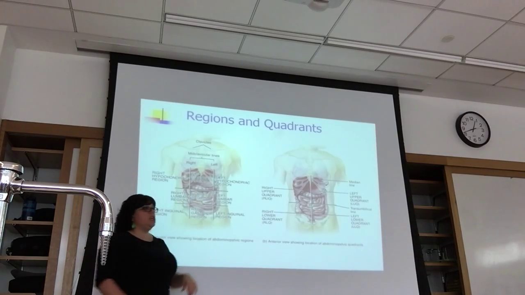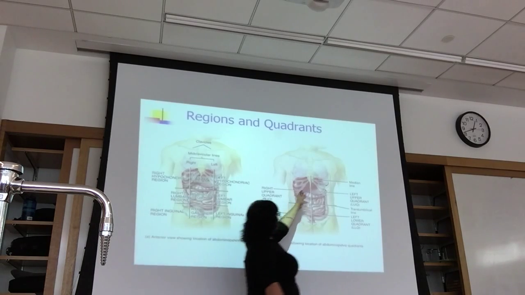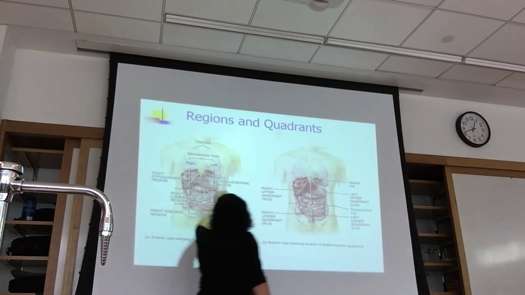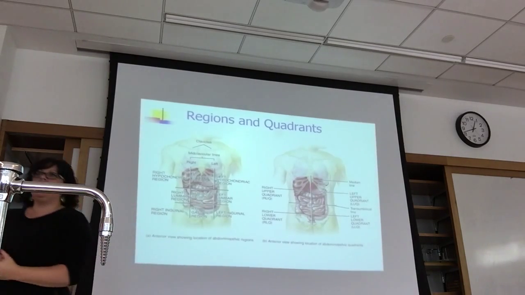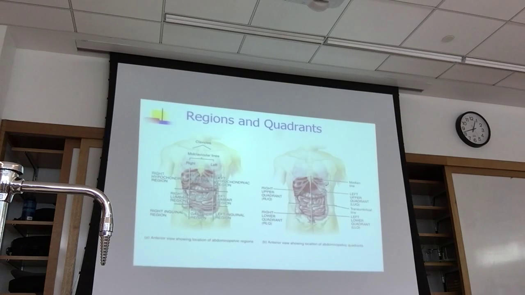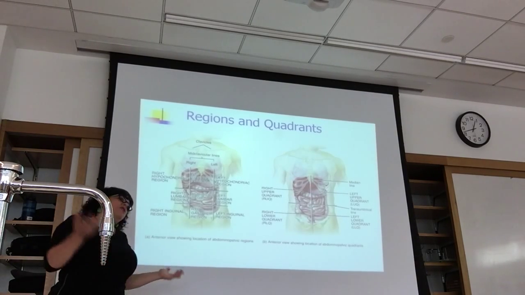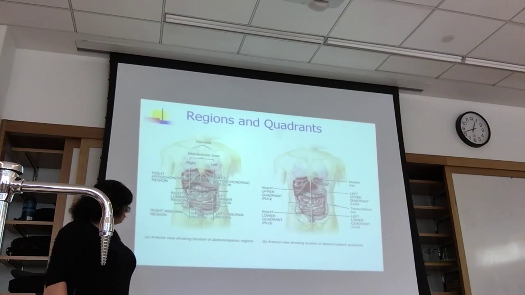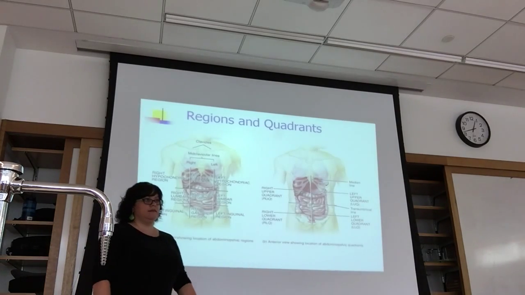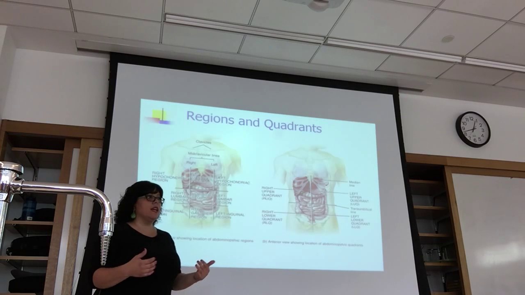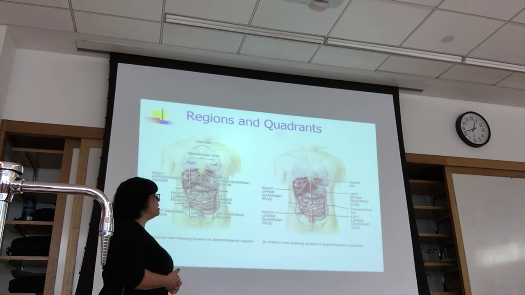So the epigastric region is that top center part of the abdominopelvic body cavity. What organs are in the epigastric region? It's part of the stomach, part of the liver, part of the gallbladder, part of the pancreas, a lot of things, right? A lot of digestive organs in that epigastric region.